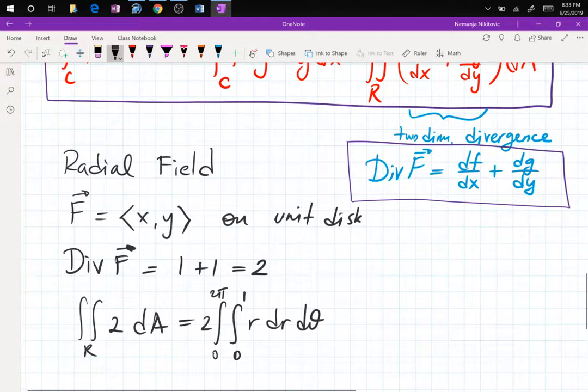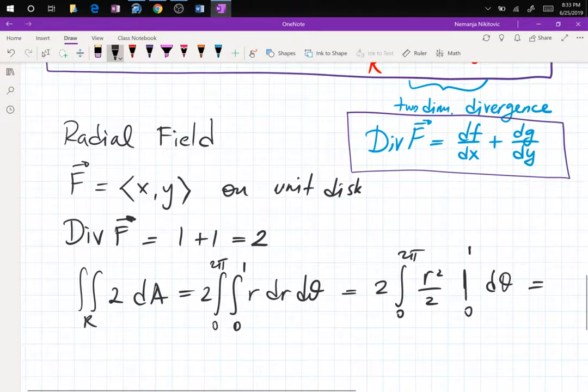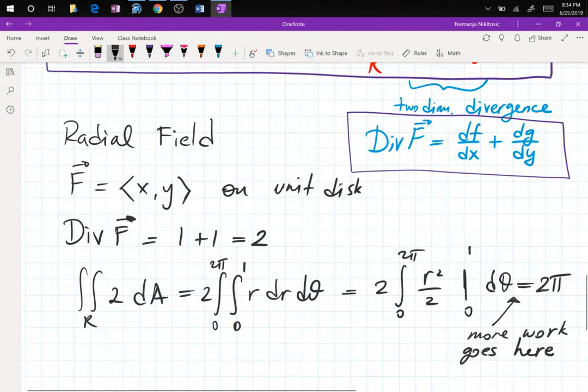You have r squared over 2 again and all that stuff. So 2 times the integral from 0 to 2 pi of r squared over 2 computed from 0 to 1 d theta. I'm just going to put 2 pi because we know what the answer is already. We calculated this the long way earlier. So the answer is 2 pi.